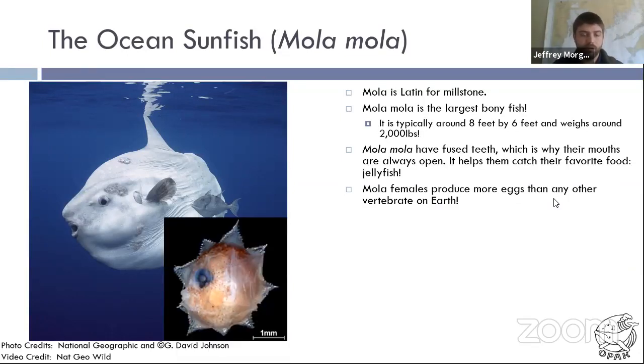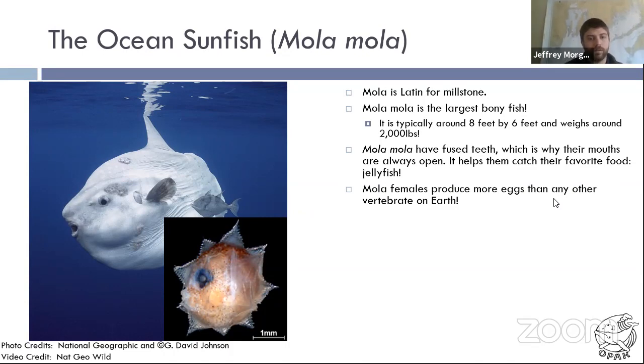When the eggs are successful in hatching, they look like this right here. This is a larval Mola. They start off really small, and you'll see they kind of look like a star. And this is a good example because they show us that they are related to the pufferfish as well.